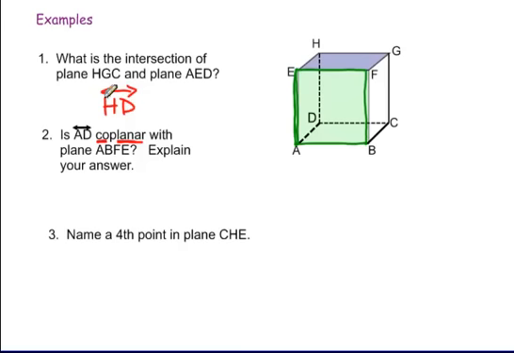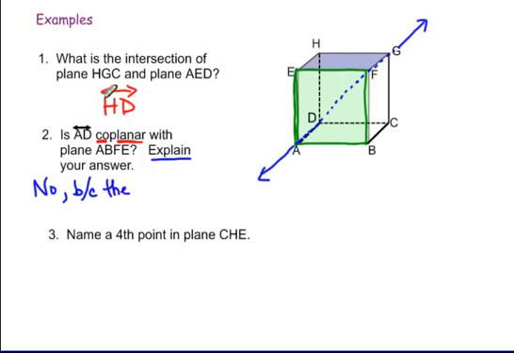Now, it looks like line AD is in the box, but I got a problem. Notice the line is dashed. Now, it could be solid outside the box, but it's dashed until I get outside the box. What does that dash mean? It means it's not part of that shape. And so because it's dashed, it is not coplanar with that front of the box. So the answer is no. Explain.